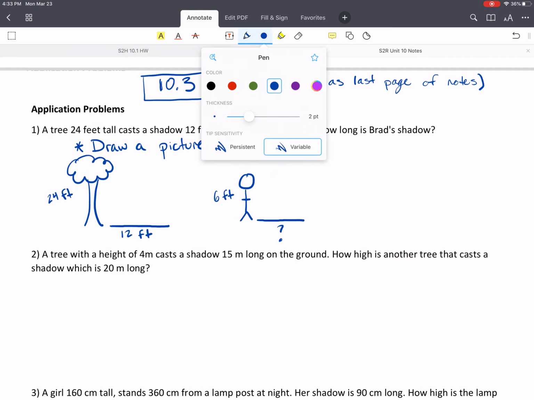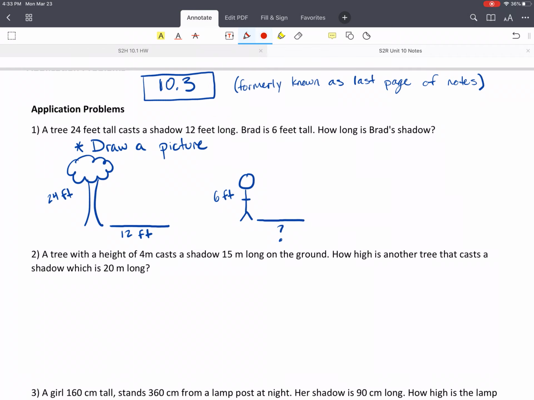What I'm hoping you're seeing here is that we've just created 2 triangles. And if you remember, our conditions for similarity, they all have to have congruent angles. And all of the side lengths have to be proportional.